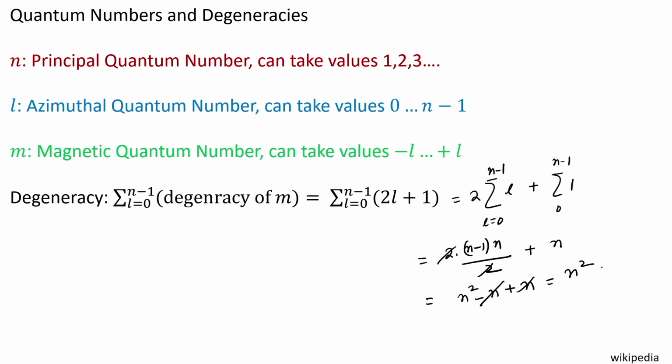The ground state, which corresponds to n equal to 1, is non-degenerate, n equal to 2 is 4 fold degenerate, n equal to 3 is 9 fold degenerate. But here, of course, we have not taken into account the spin degeneracy.